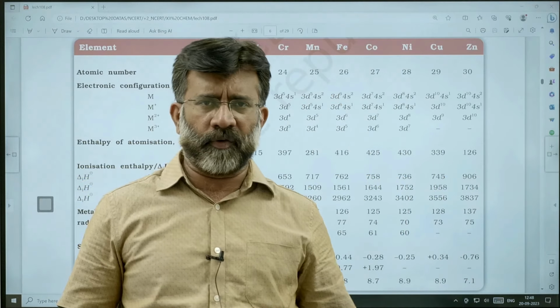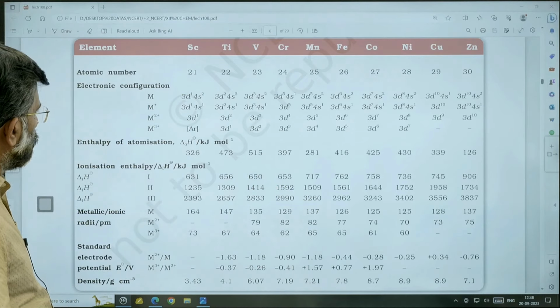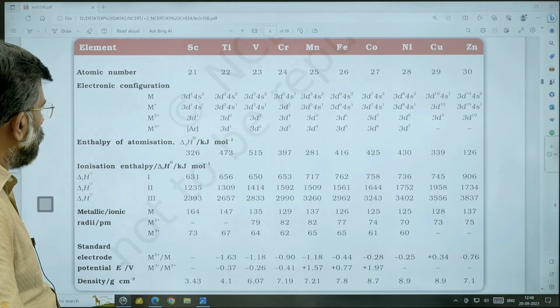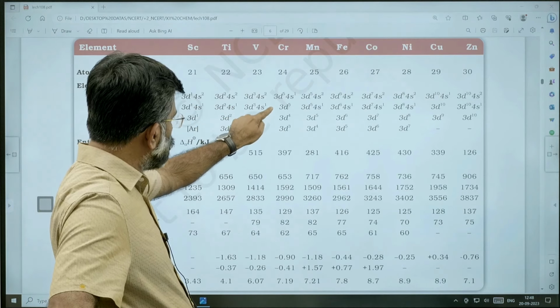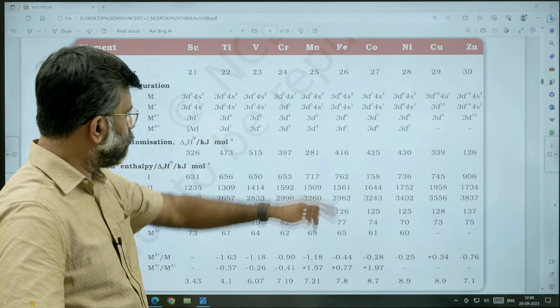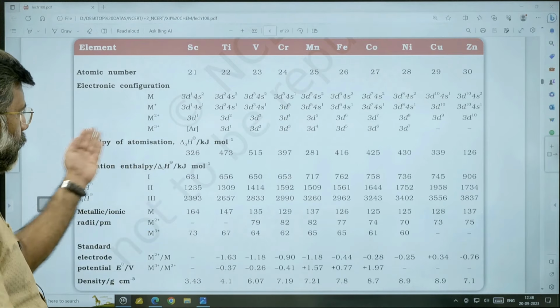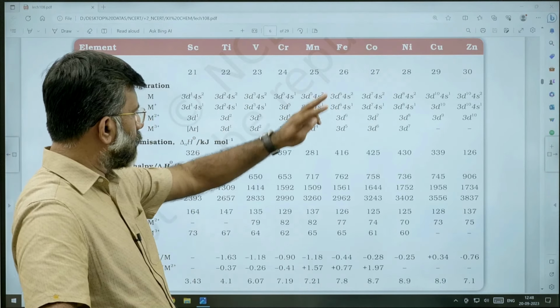It's a well-known fact. What about the unipositive ion? In the unipositive ion, electrons are usually removed from s orbitals: d1s1, d2s1, d3s1, and so on. The dipositive ion configuration moves regularly: d1, d2, d3, d4, d5, d6, d7, d8, d9, d10.